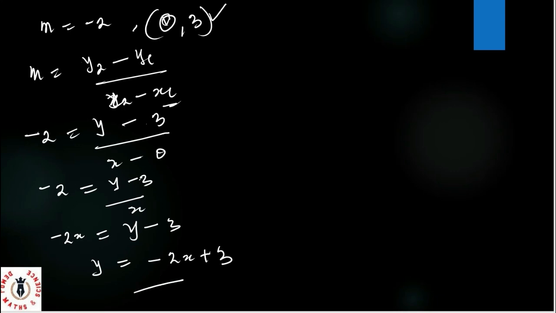So minus 2 is the same thing as y minus 3 over x. If you cross multiply, minus 2x is the same thing as y minus 3. If I rearrange it, my y will be minus 2x plus 3. Now, clearly I can interpret this line, y equals mx plus c. The gradient of this line is minus 2, and the intercept on the y-axis is 3.